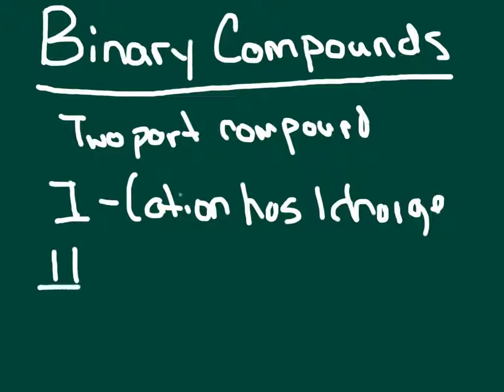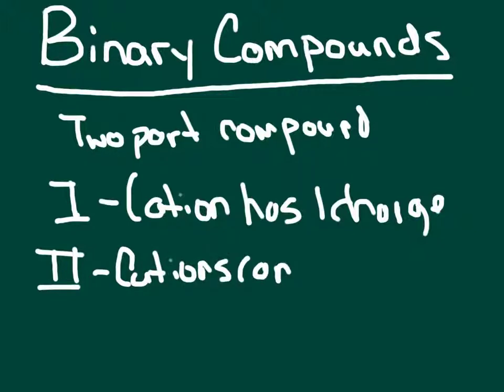Type 2 binary are also ionic, and they are binary in that their cations can have more than one charge, so it could be +1, it could be +2, it could be +6. And there's a special set of rules to name compounds that fall in this category.